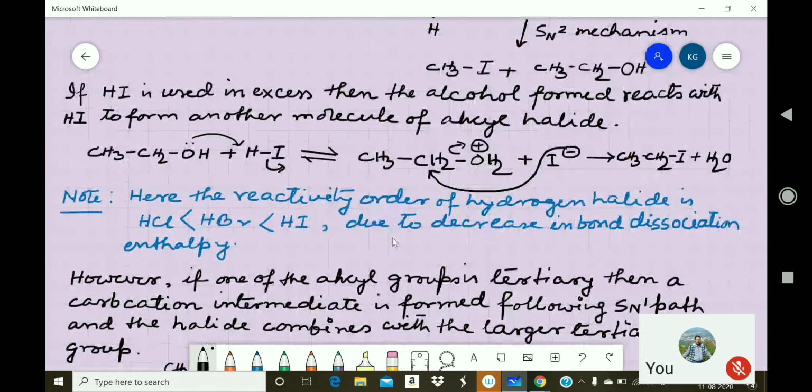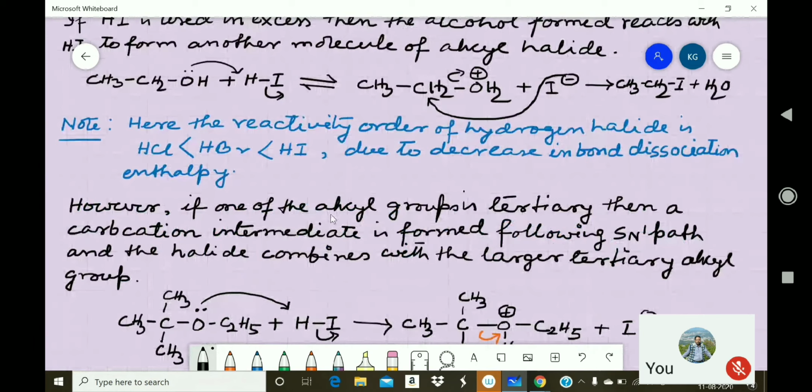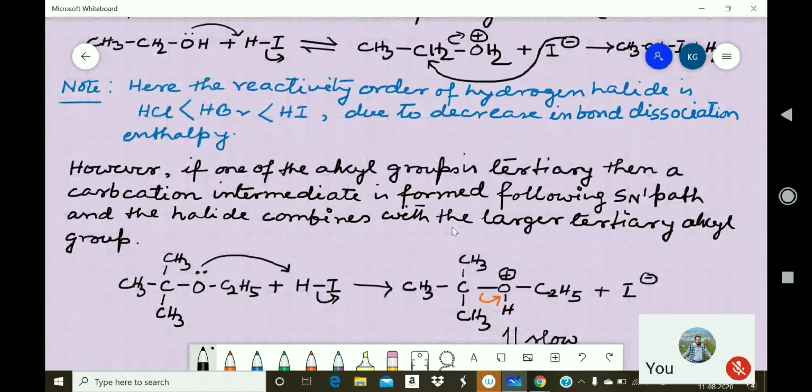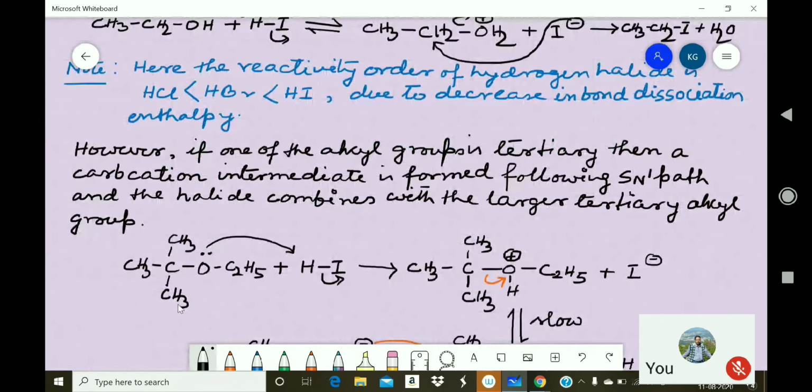However, if any one of the alkyl groups is tertiary, that means in the ether molecule, if any one alkyl group is a tertiary carbon, then this reaction follows the SN1 pathway instead of the SN2 pathway. So first of all, the protonation takes place.